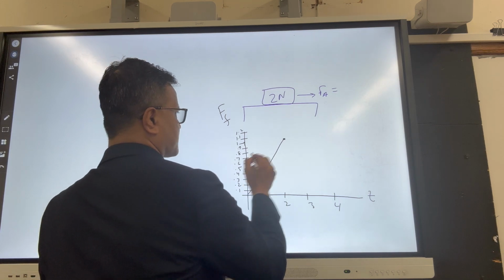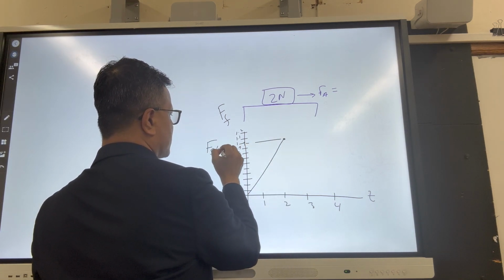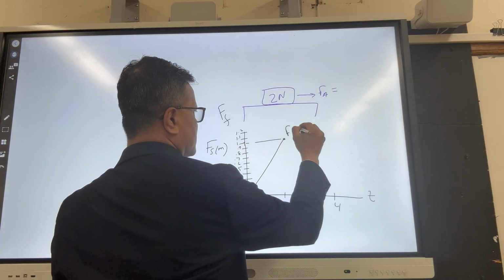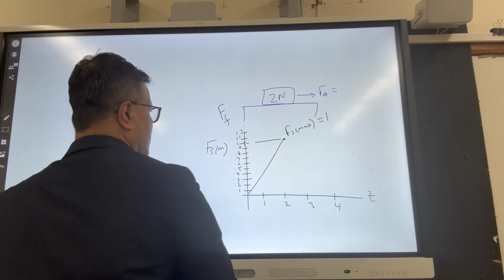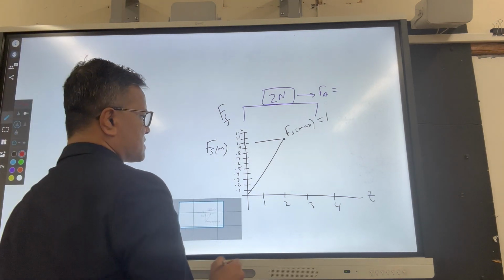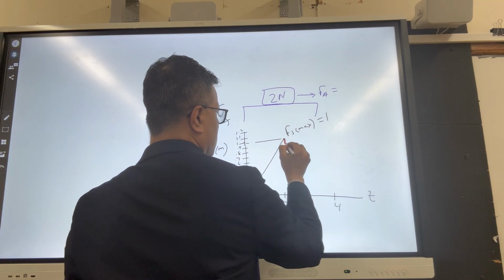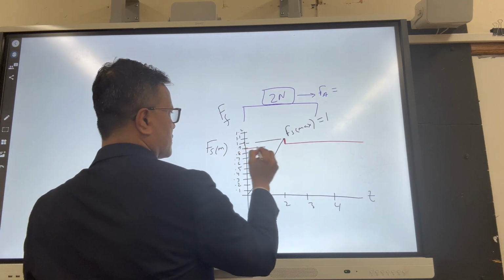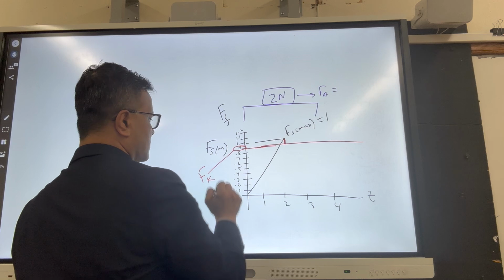This is Fs max. What is Fs max? Fs max is 1. If anything is bigger than 1, it drops, as you said many times in the classroom. It drops to 0.9. This is Fk.